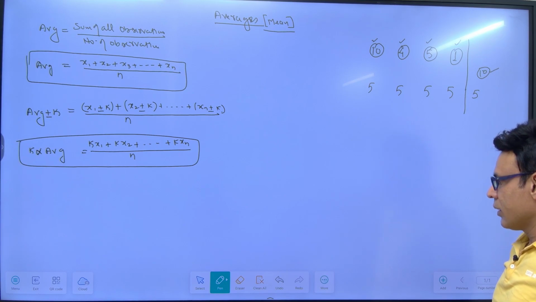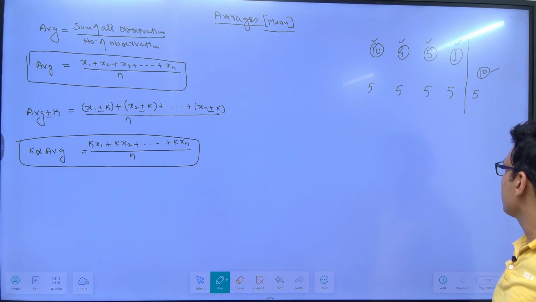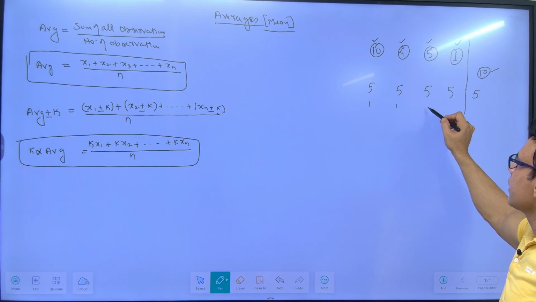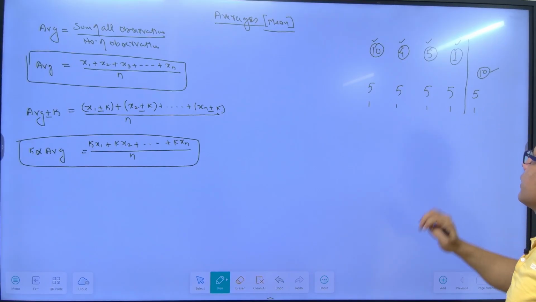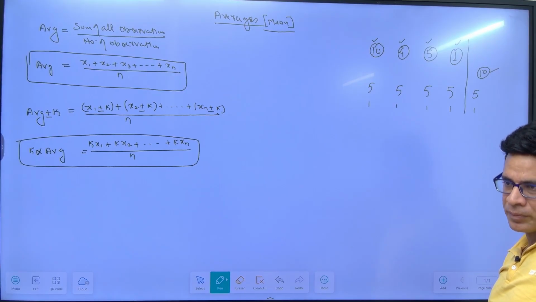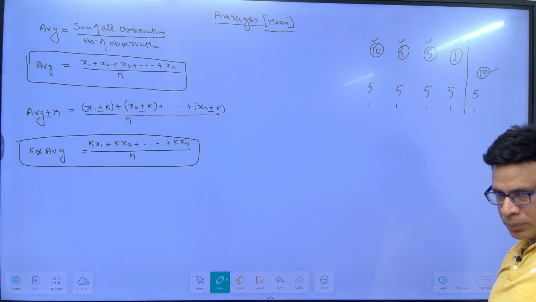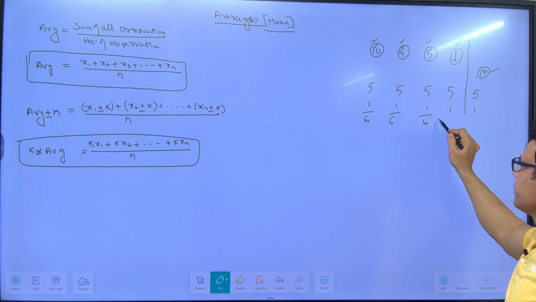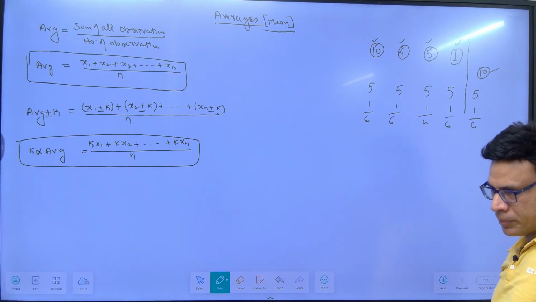And then after keeping 5 chocolates with him, how many chocolates is he left with? 5 chocolates. He will divide those 5 chocolates equally among them, giving 1, 1, 1, 1 to each brother. Each brother will have how many chocolates? 6 chocolates.